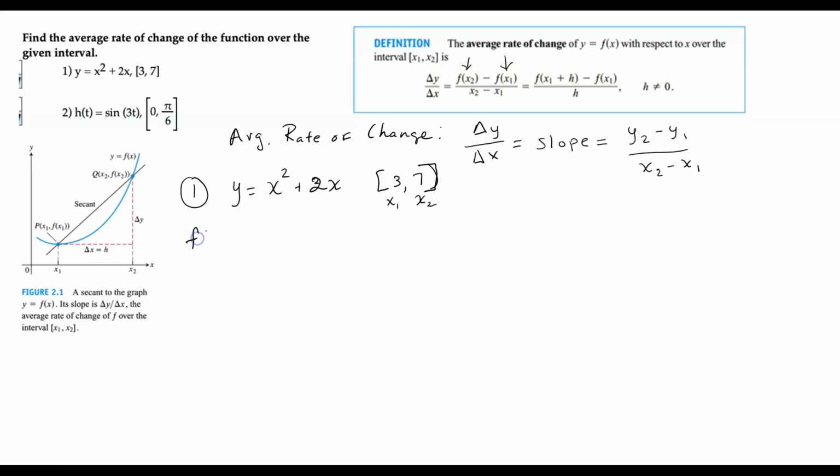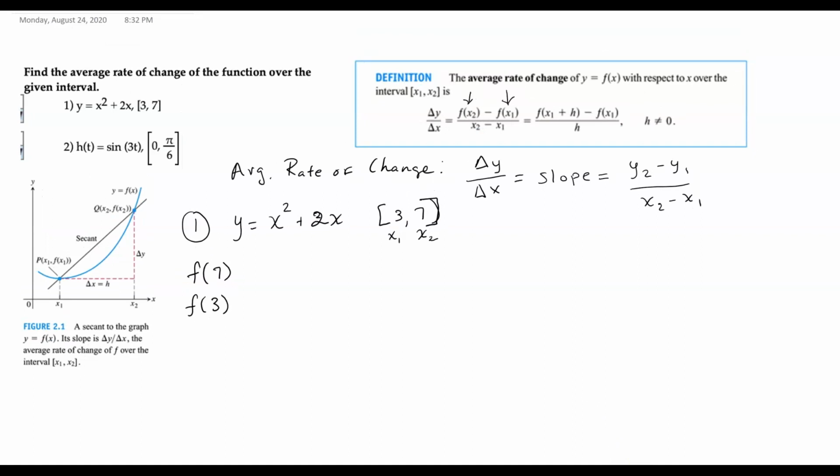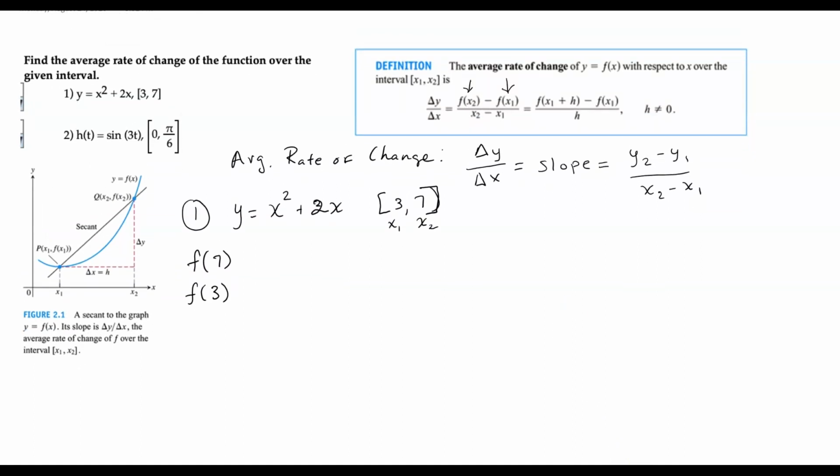Our job then is to find f of 7 and f of 3 by plugging them in to the function. Okay, so what we're going to do is we're going to quite simply plug in. All right, so 7 squared plus 2 times 7. Okay, so that's 49 plus 14.